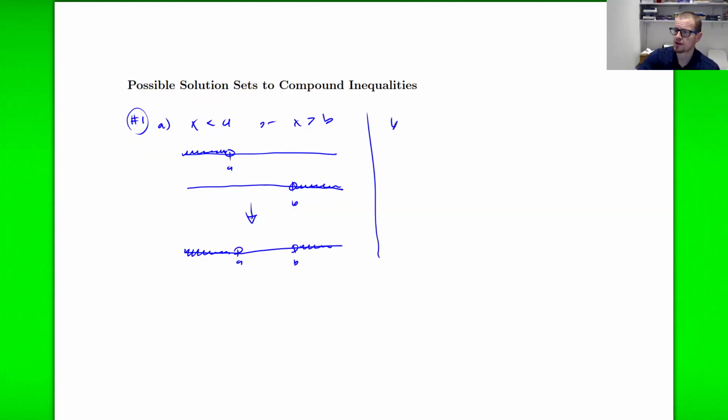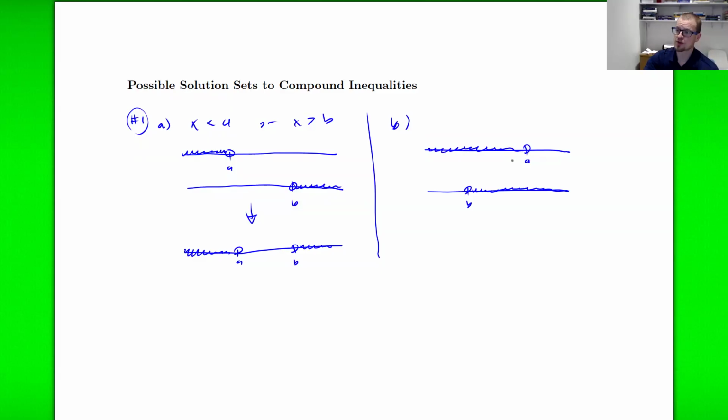The other scenario that we could end up with for x being less than A or greater than B is that we actually have A over here and B over here. So in the case that A is less than B, we end up with these two pieces as our solution set.